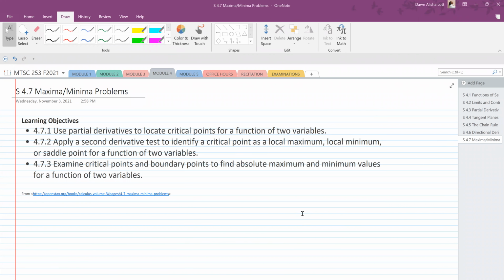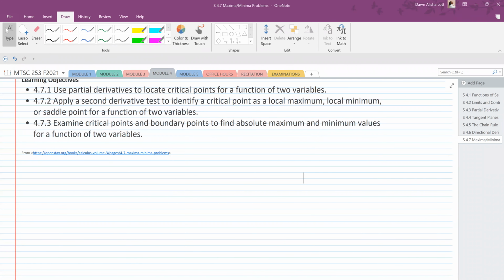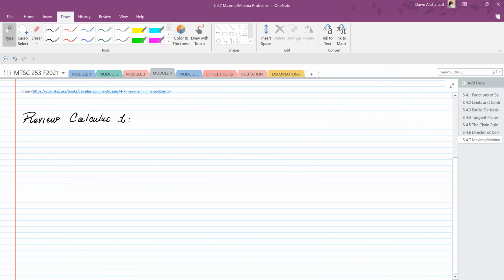All right, so it always helps to go back to Calc 1. So we'll take a trip back to Calc 1. Okay, so in Calc 1, if we had a function, here's f of x on an interval.